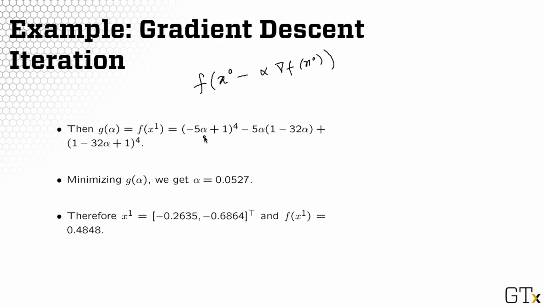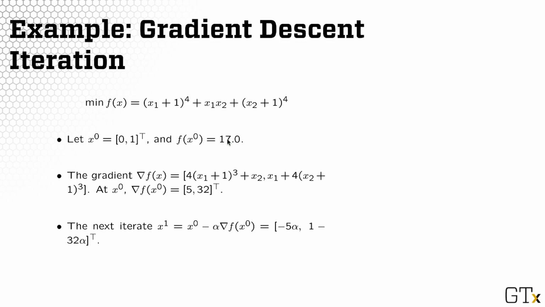It is a function of a single variable alpha. We can just take the derivative, set it equal to 0, and solve, and you get that alpha is equal to 0.0527. Now we plug in, so the new point becomes this, and the function value at the new point is 0.484, which is smaller than the old function value, which was 17.